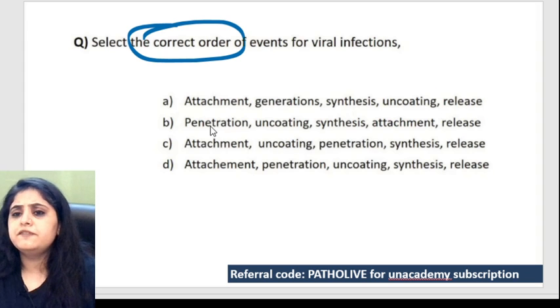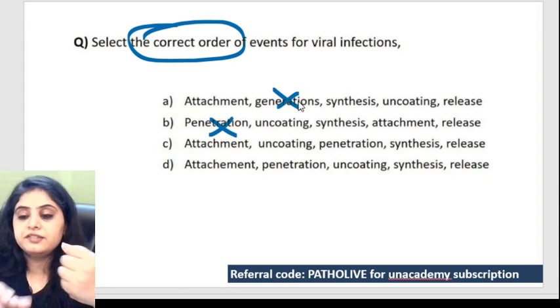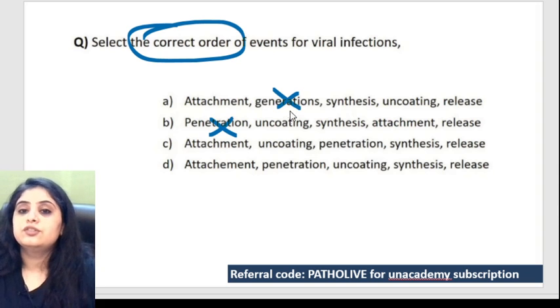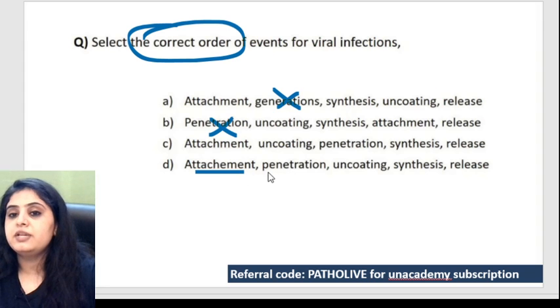The first one you can easily rule out because attachment has to be the first one, right? After attachment, immediately generation cannot occur, some other step has to occur. Once a virus comes and gets attached, it must first penetrate, right? So after attachment, first we have penetration, then uncoating, then synthesis, then release.